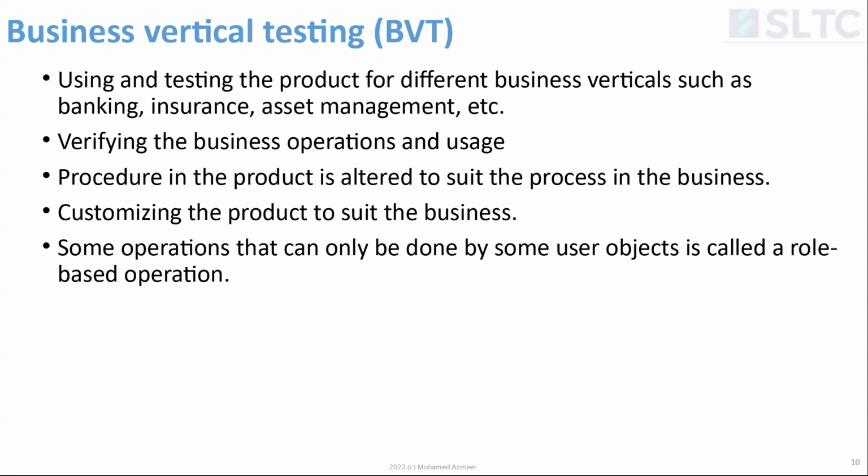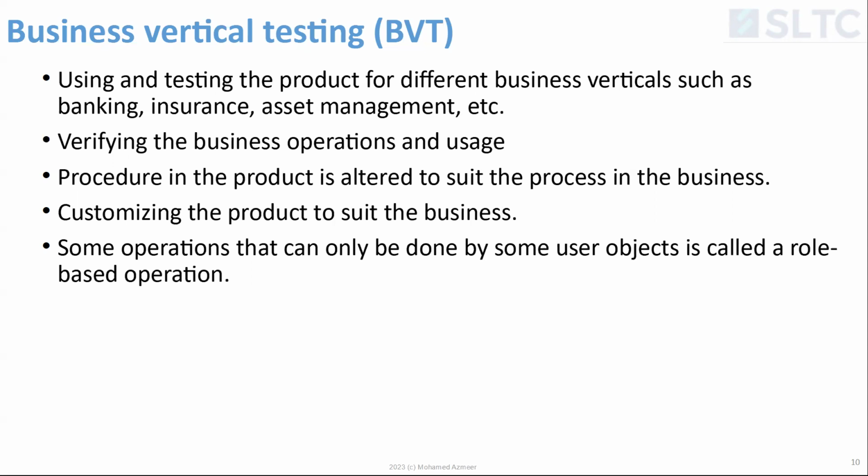Okay, so there may be some customization required to do to the application, but all that is part of the system testing phase. So we are customizing the product to suit the business. And there is another interesting part here. This is called role-based testing. What does that mean?